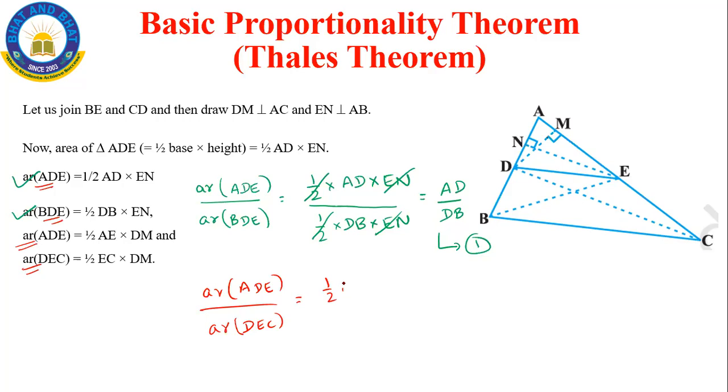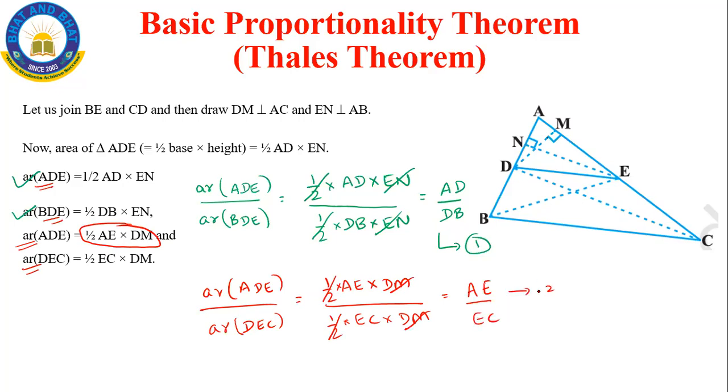Half into AE into DM, divided by half into EC into DM. Half cancels, DM cancels. I am left with AE divided by EC. This is my equation 2.